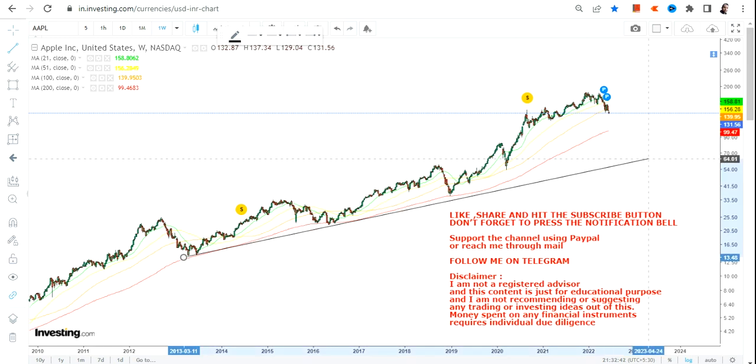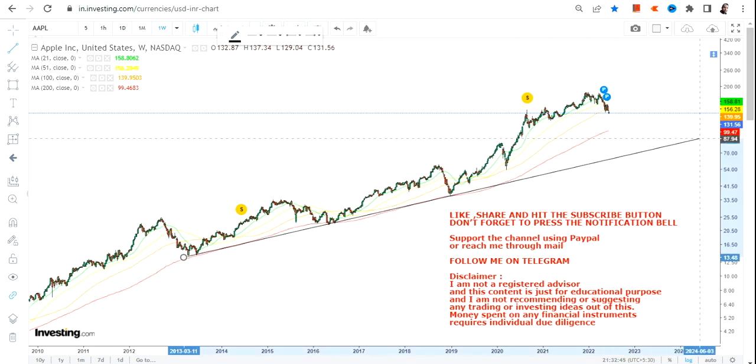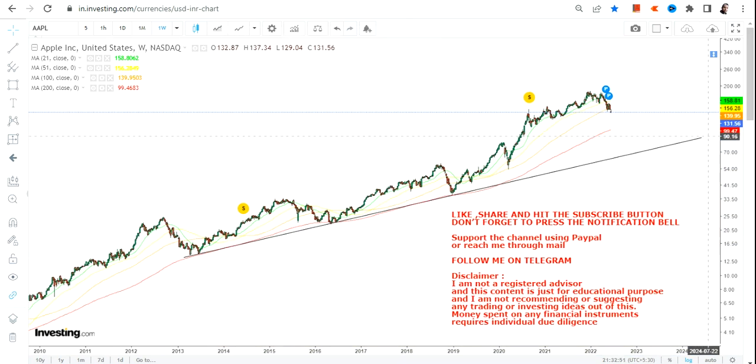The next way to do that, which is what I do, is using a trend line. I think this is the best approach.